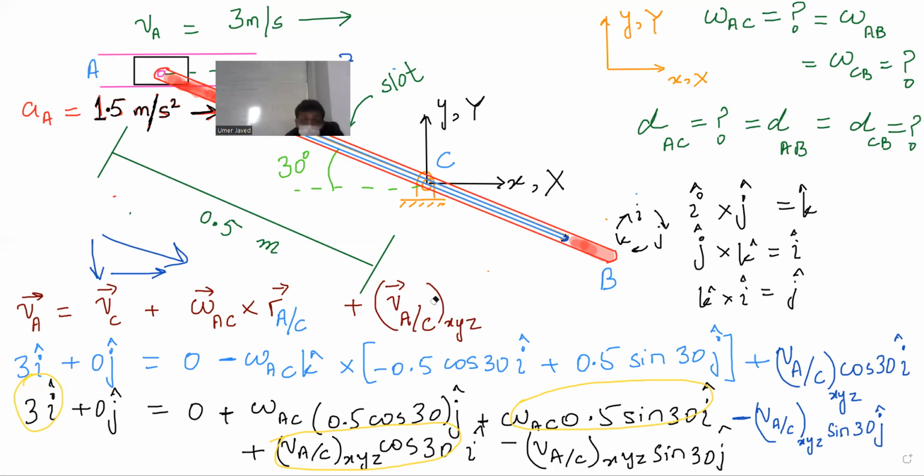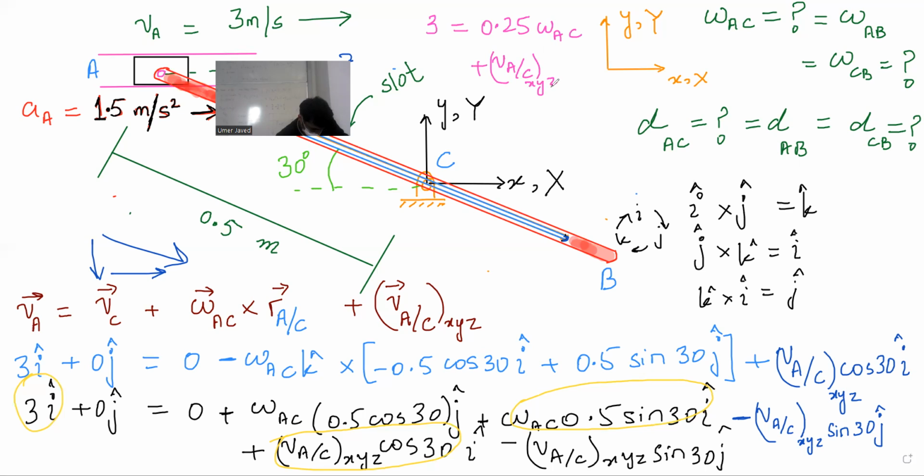Okay, gentlemen, on that note, please help me with this equation quickly. 3 equal to 0.2. What is this? Good. 0.25 omega AC. Good. Plus, this little bracket, small xyz.